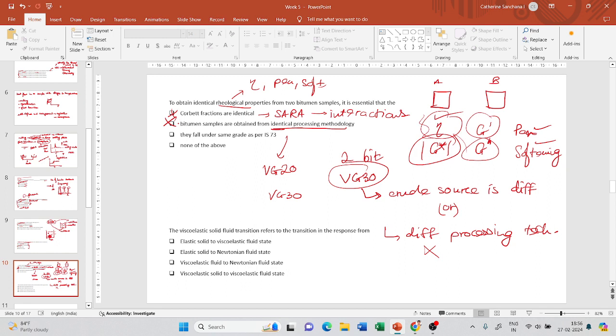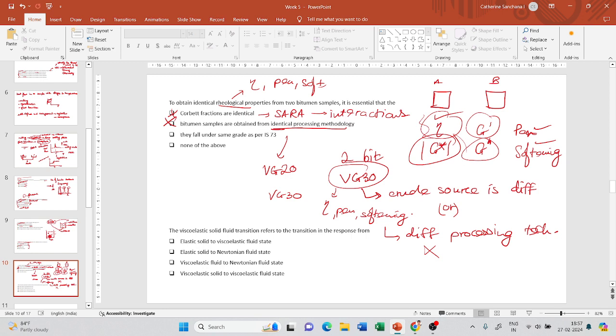The third option is they fall under the same grade as per IS 73. Same thing, I told you, right? You classify two bitumen as VG30. Even then, your viscosity, penetration, softening point need not be the same, but it satisfies the VG30 criteria.